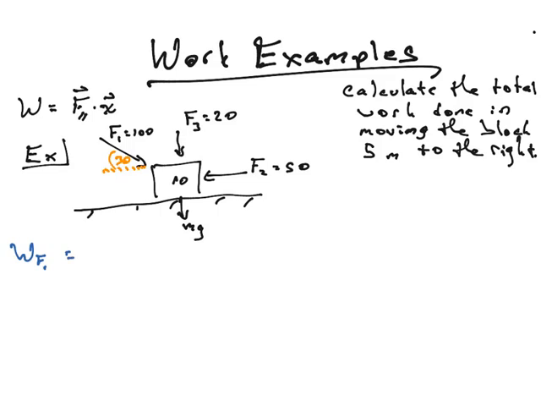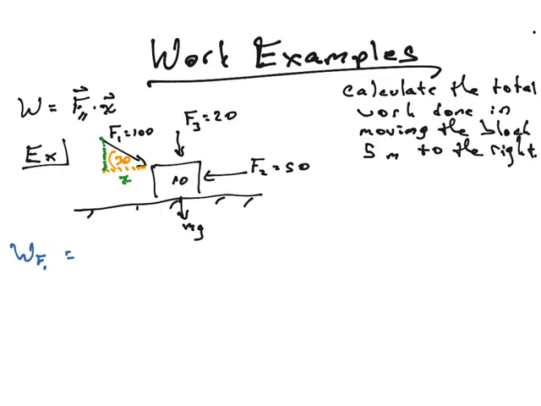First of all, I ask the question, what's the direction of motion? In this case, the direction of motion is the positive x direction. So that tells me, when I talk about the force, I only want to use the x component of the force. So I make a little right triangle with my force. Here's the x side down here.